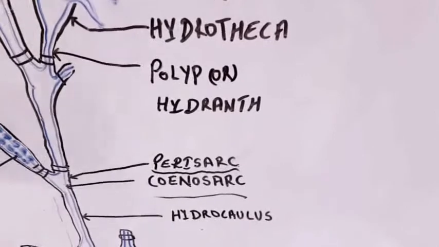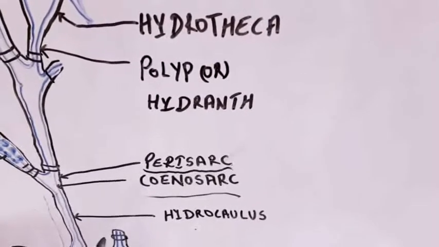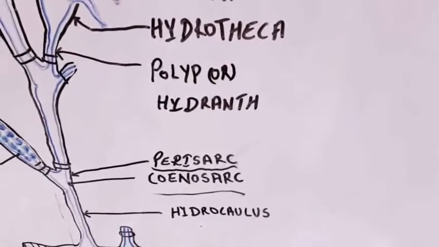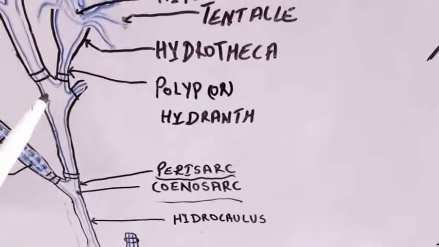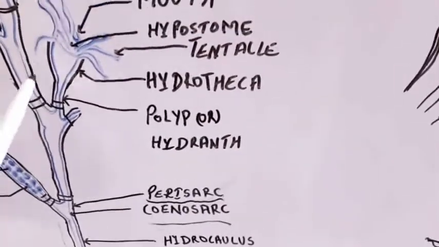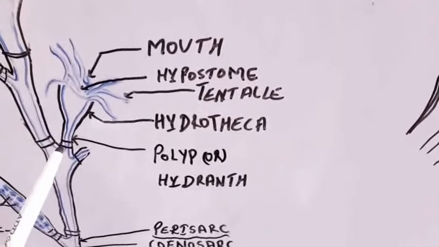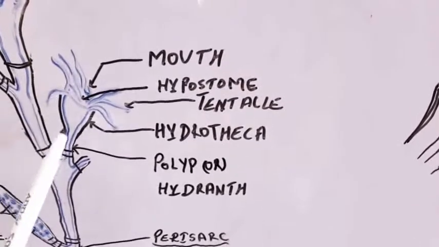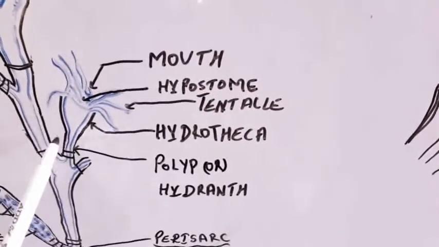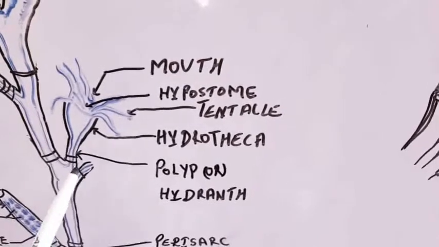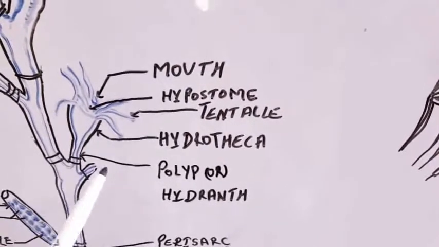So the outermost layer of Obelia is called the perisarc. The perisarc surrounds the polyp.